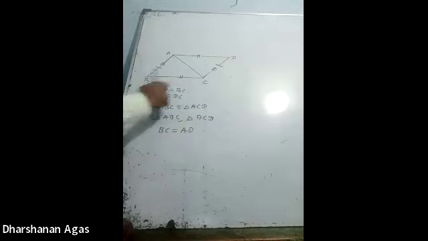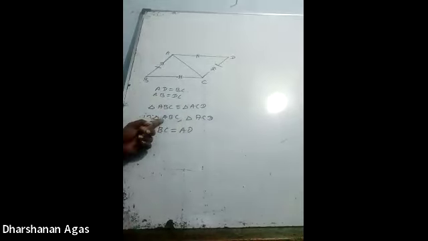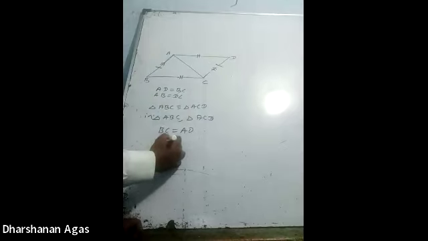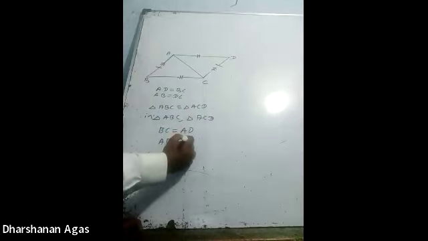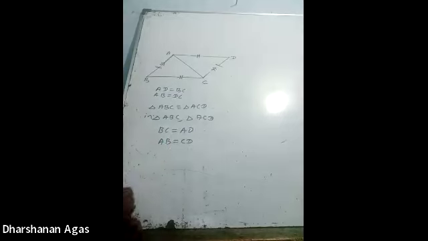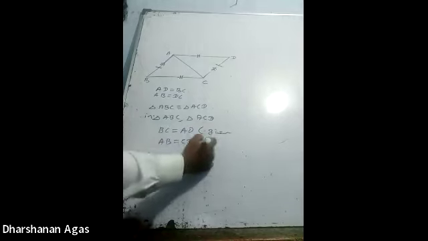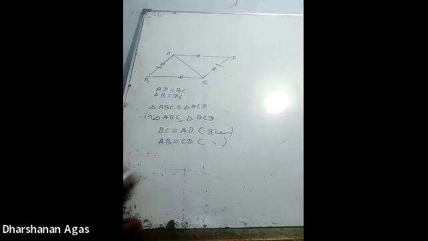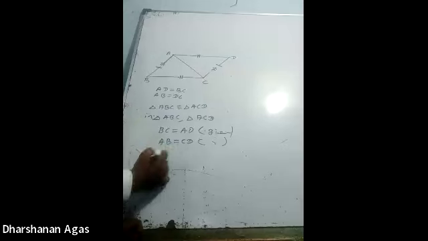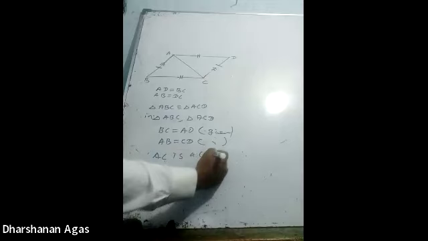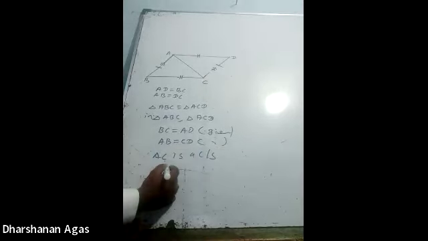You can't write AD equals BC, because the first triangle we are writing is ABC, and we write according to that. The next one, AB equals CD or DC, that does not matter. Both I gave. The third element is the common side AC, which is a short form of writing common side.